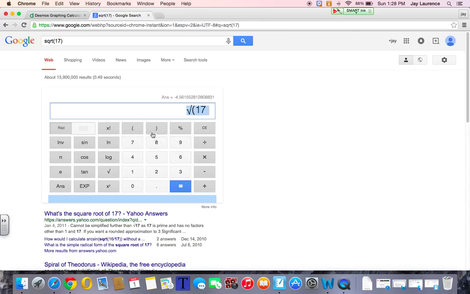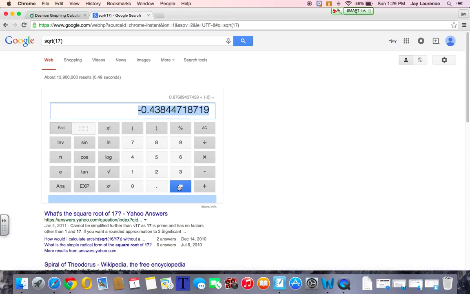All right, so the square root of 17. Okay, equals that. Now I'm going to add. No. Sorry. I want to go 5 minus the square root of 17. Okay, and then I want to divide by -2.